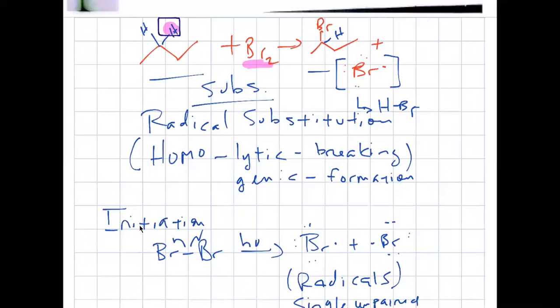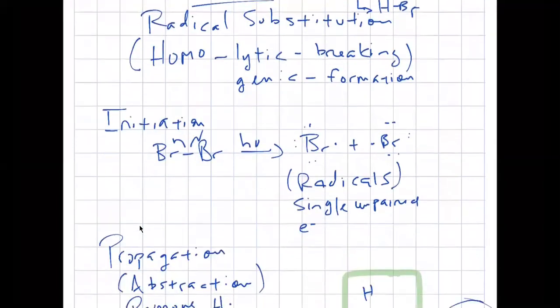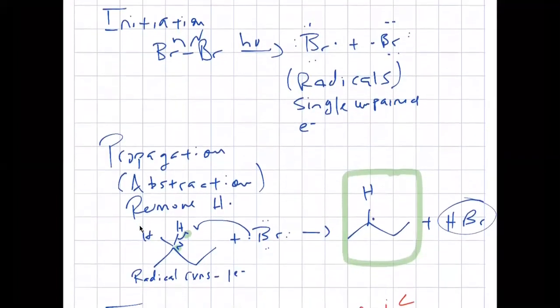So we talked about there being 3 steps, right? Initiation, where you break apart the bromine into 2 bromine radicals. And then those radicals go now and start walking the chain, pulling off hydrogens, right? That process we said was called abstraction, or the removal of H dot.